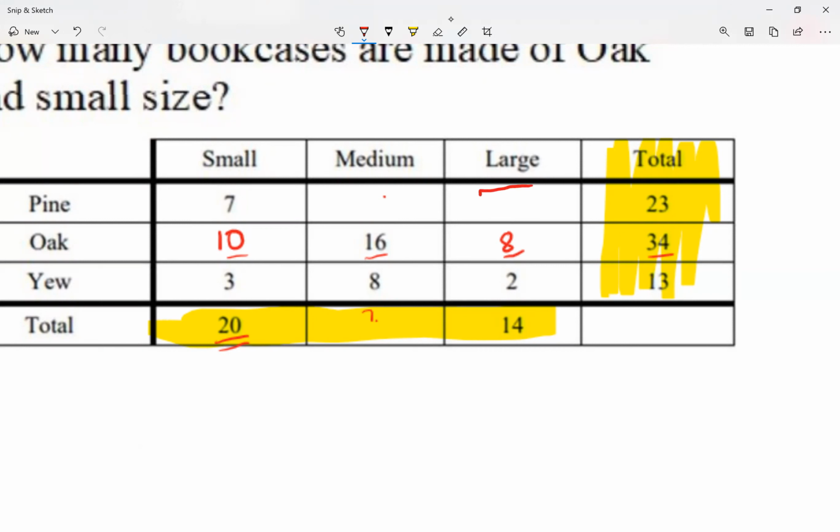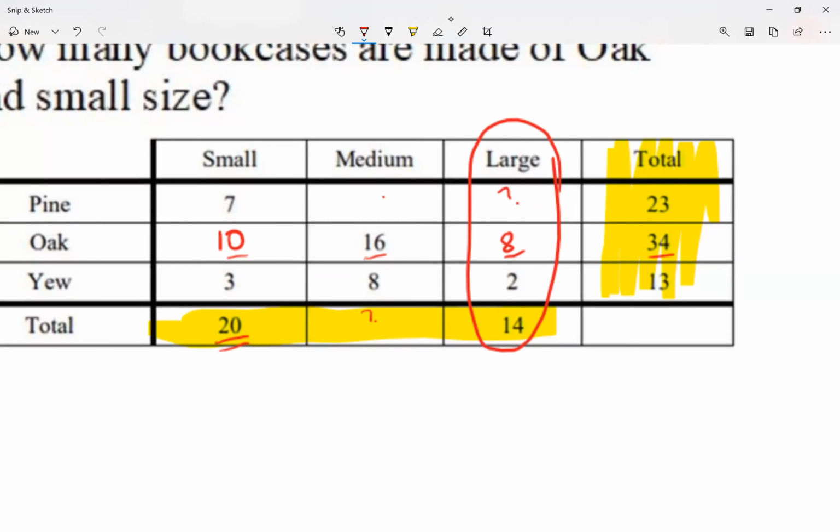Looking at pine large, I can pretty much figure it out. Why? Because in this column I'm only missing one value. The missing one, plus 8 plus 2, has to add up to 14. The two numbers I already have, 8 and 2, add up to 10, so I need 4 more because the total is 14. Notice I'm not reading anything about the question yet.